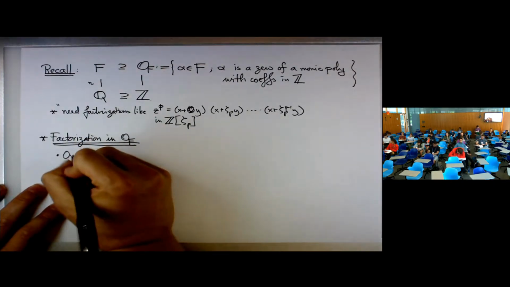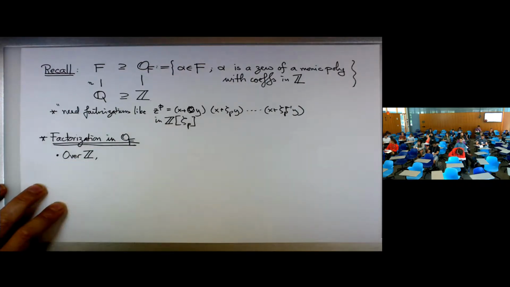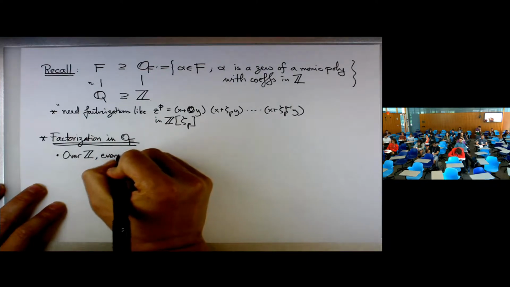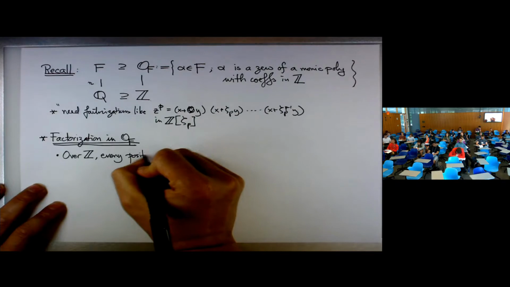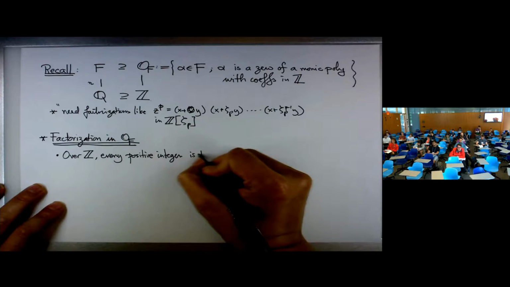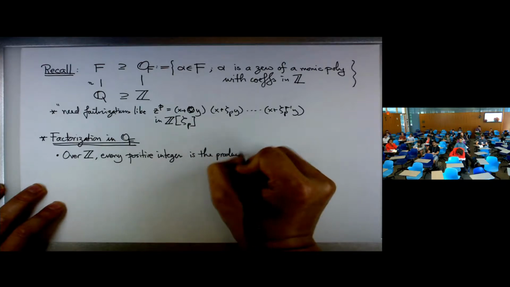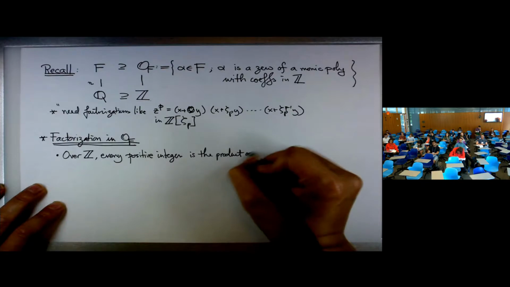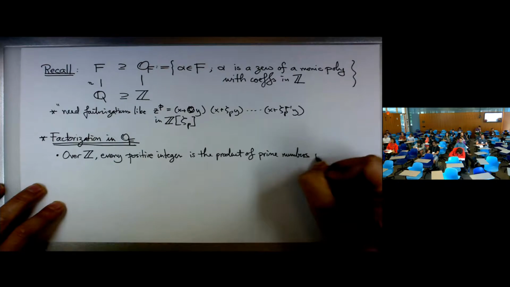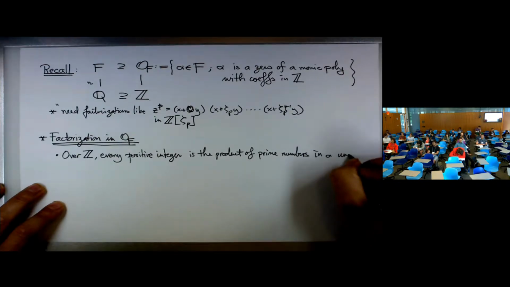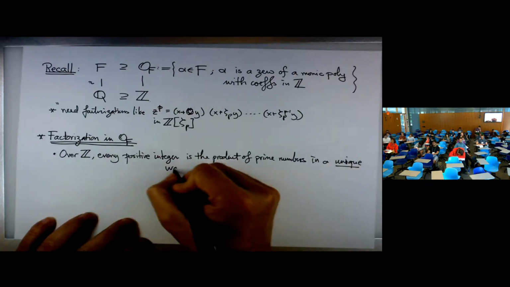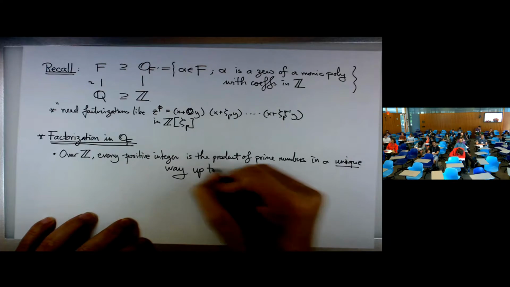Let's recall that over Z, one of the most important theorems is that every positive integer is a product of prime numbers in a unique way, up to permutation.